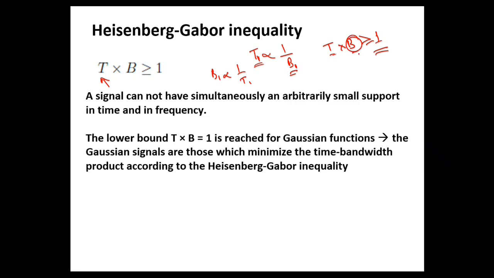If you replace this b with 1 by t1, or 1 by t, basically for that particular window, the t cancels out and we get 1. Now if you increase the bandwidth, this t would decrease, and ultimately the time bandwidth product will be higher than 1.